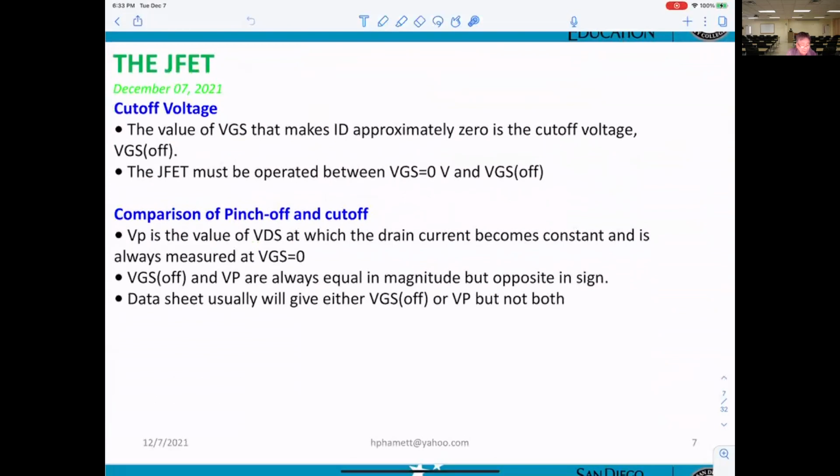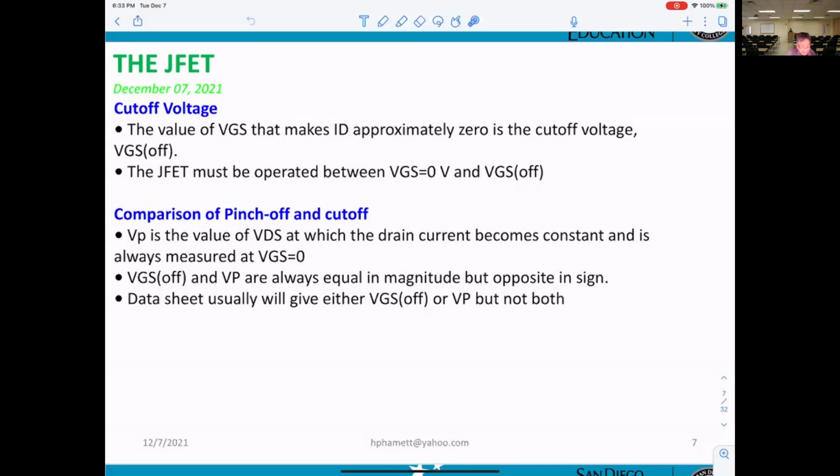Now, next, the JFET has a cutoff voltage. The value of VGS that makes ID approximately 0 is the cutoff voltage, VGS off. They can ask you what VGS off is.